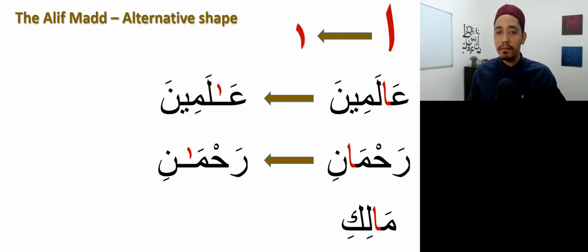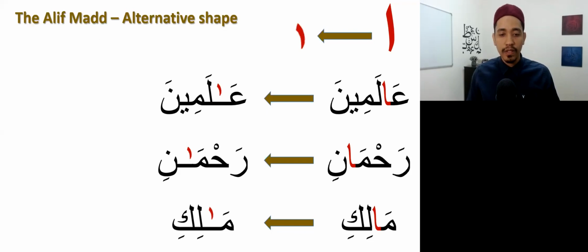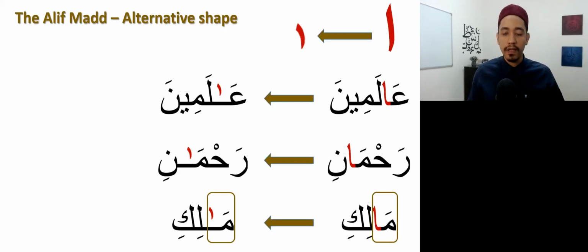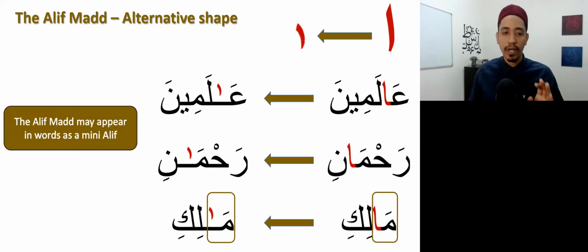Maliki. And here we go. Maliki. So this ma and that ma is the same ma. Maliki. Okay, so the alif mad may appear in words as a mini alif.